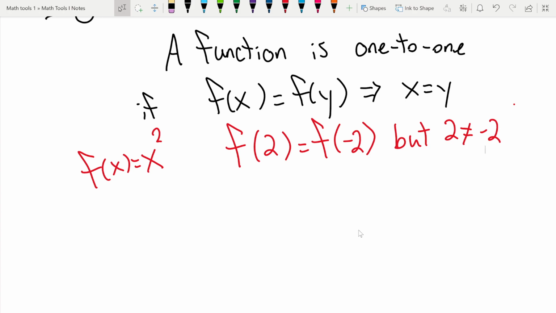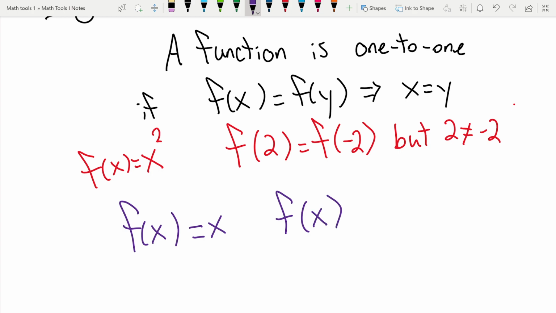So something that would satisfy this condition, if we think about the simplest case, maybe f of x equals x, right? Just the straight line. Then if we think about f of x equals f of y, well, if we replace these with their corresponding parts, right? f of x is equal to x. f of y is equal to y.